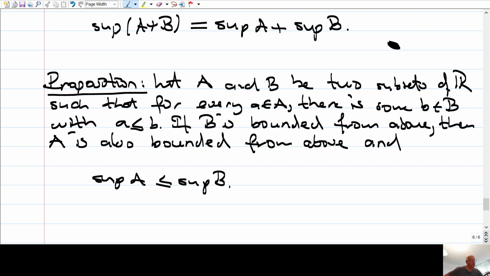So again, this proposition has two parts. If A and B are two subsets such that for every element a of A, there is an element b of B which is larger than that element, and if B is bounded, then A is bounded and the supremum of A cannot be larger than the supremum of B.